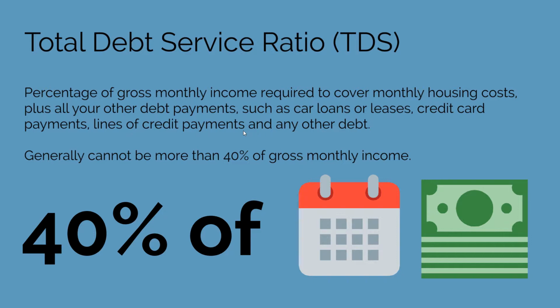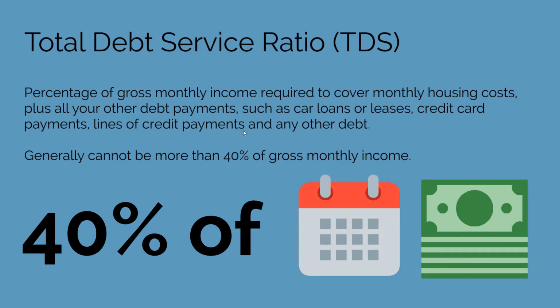Because if you went right to the max on 32% on your gross debt service ratio, and then you add that $100 car payment, that would bring you up to $420 a month, which would actually be 42% of your gross income. So that would push you over in this case, and therefore you would not be able to actually use that full 32% because you've got this other debt. So in that case, you would actually be lower on that. You've got to keep your total debt service ratio below 40%.